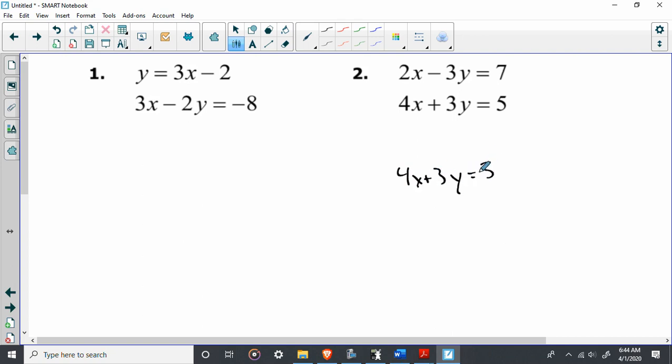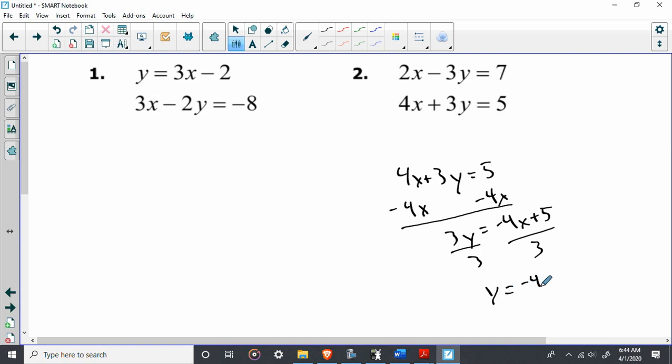Now I want to put that in slope-intercept form. I'm going to start by subtracting 4x from either side, so no problem there, right? 3y is equal to negative 4x plus 5, and then I'm going to divide by 3. So y is equal to negative 4/3 x plus 5/3. That is what you have to plug into the other equation.